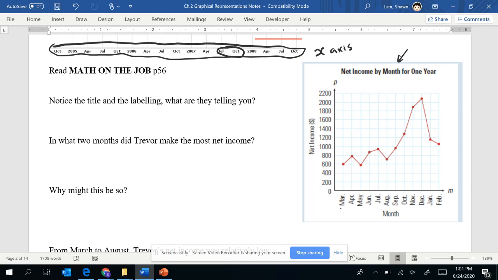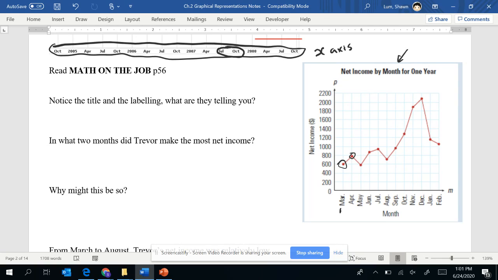So in the month of March, they took home $600. Okay. And in the month of April, they took home $800. So they made more money in April than they did in March, and then went back down to 600 and so on and so forth.